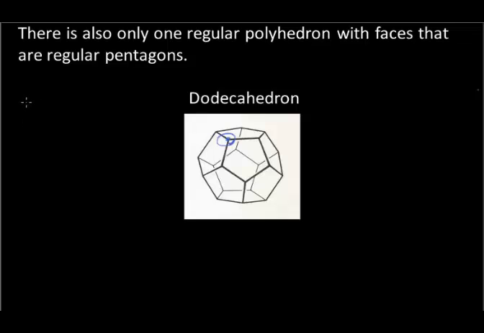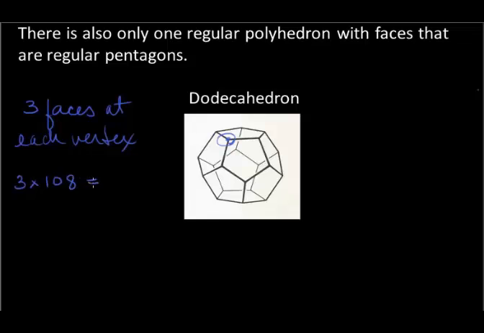So let's see, if we put 3 faces at each vertex, we would have the total degrees being 3 times 108, and that is 324 degrees, and it's less than 360. So it's flattening out up here, but it is not flat. So it's 324 degrees at each one, and we can do it. So if you fit your pentagons together like this, you get what is called the dodecahedron.